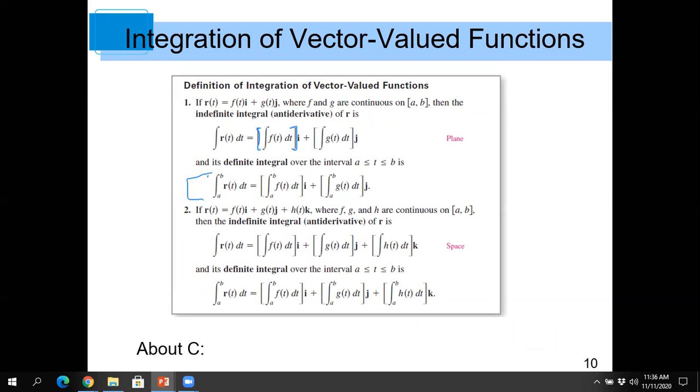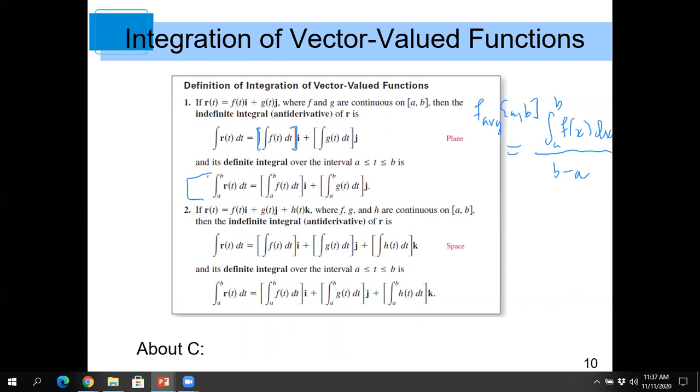Do you remember how to compute the average of a function over an interval? What the average value of f is over an interval [a, b]? You go 1 over b minus a, and the numerator is the integral from a to b of f of x dx.